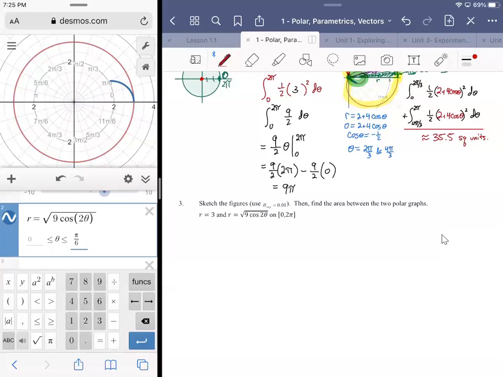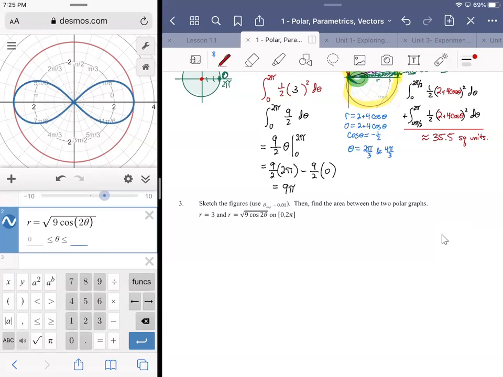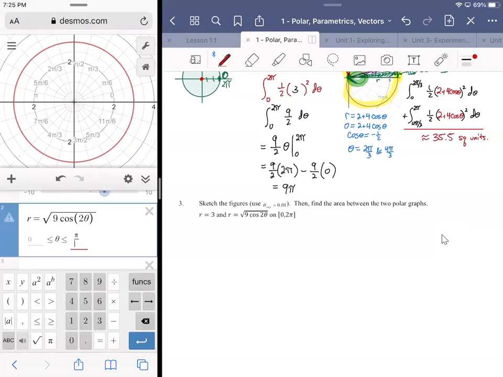I just want to get a sense of where it starts, right? So now I know it starts at (3, 0), 3 steps in a direction of 0, and then it works its way toward the pole. So then maybe I'll dial it up to like pi over 2. All right, that gets me to the pole.